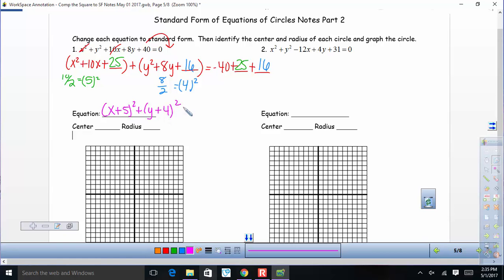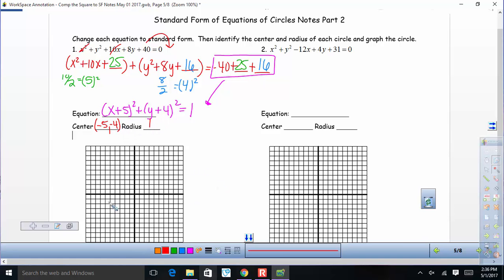Plus 4 squared, okay, equals negative 40 plus 25 plus 16 gives me, whoa, negative 40 plus 25 plus 16 should be 1. 25 plus 16, 41, and then a negative 40 gives me a positive 1, okay? So then what would our center be? Negative 5, comma, negative 4, and my radius?